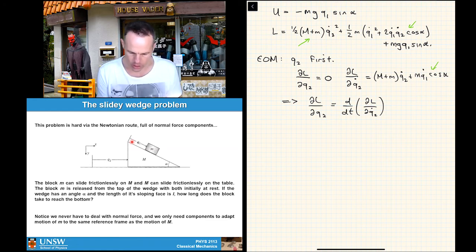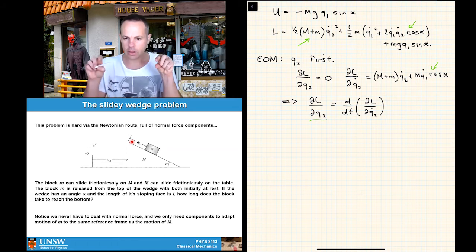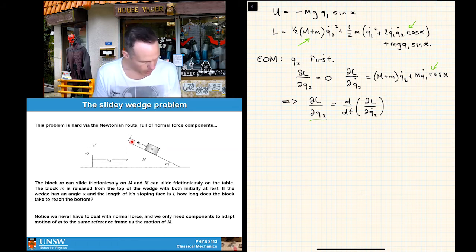Because this derivative on the right here is 0, I can automatically integrate with respect to t. And so where I'm going to end up is big M q2 dot plus little m q2 dot plus m q1 dot cos alpha is equal to a constant.